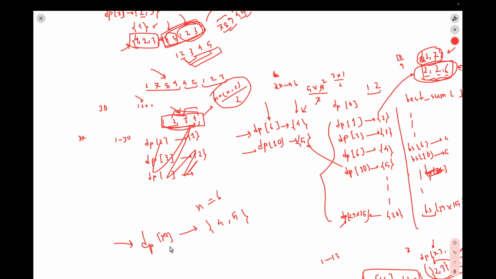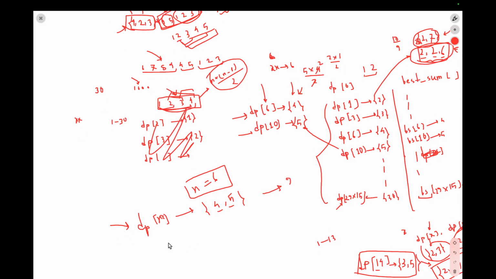So is it possible? No, it is not possible. Why? Because here 4 plus 5, that means we actually need at least 9 elements in our permutation, but the number of elements in the permutation that is given is 6. So it cannot be possible.